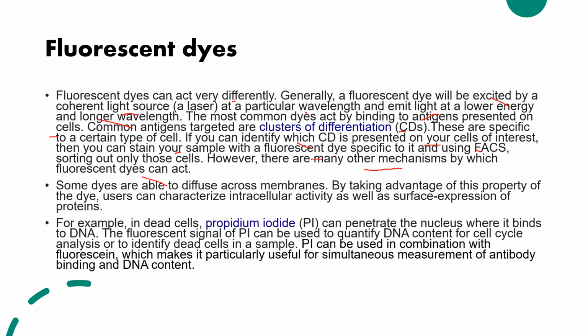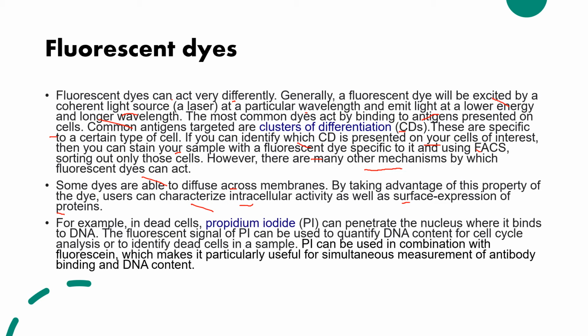Some dyes are able to diffuse across membranes. By taking advantage of this property, you can characterize intracellular activities like enzymatic activities as well as surface expression of the proteins. I have given you the example of propidium iodide, which can diffuse across the membrane of the dead cells.